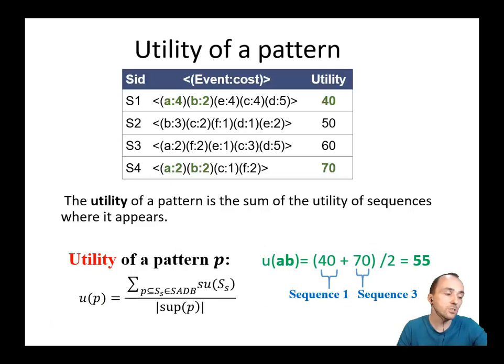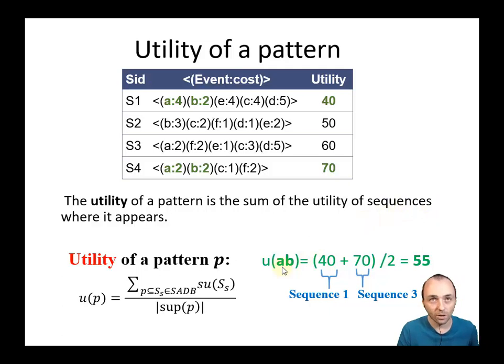Okay, so to do this, we use some measures that are a little bit different from the first problem I talked to you about before. So first, we compute the utility of a pattern. Since it is some numbers, we can calculate the utility, do the sum. So for a pattern like AB, the utility of the pattern is the sum of the utility of sequences where AB appears.